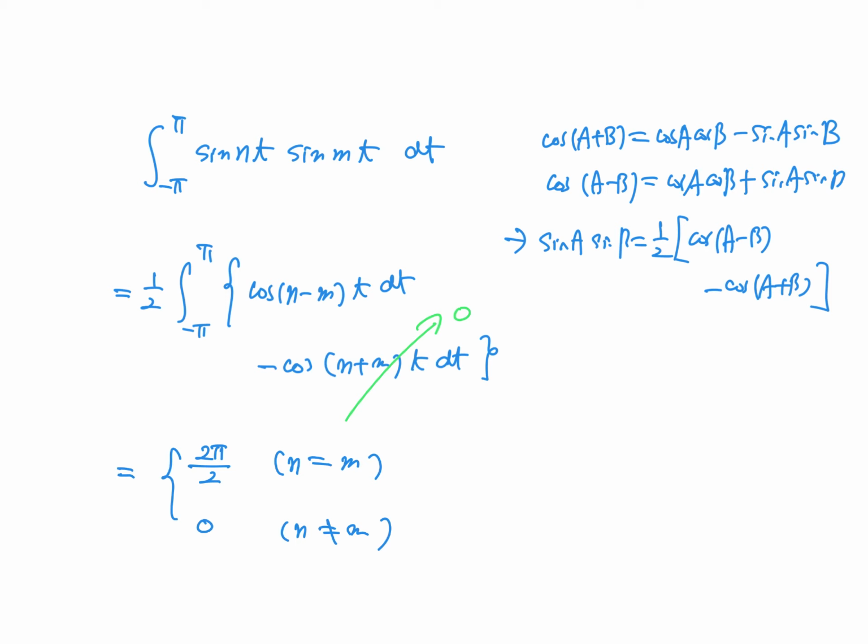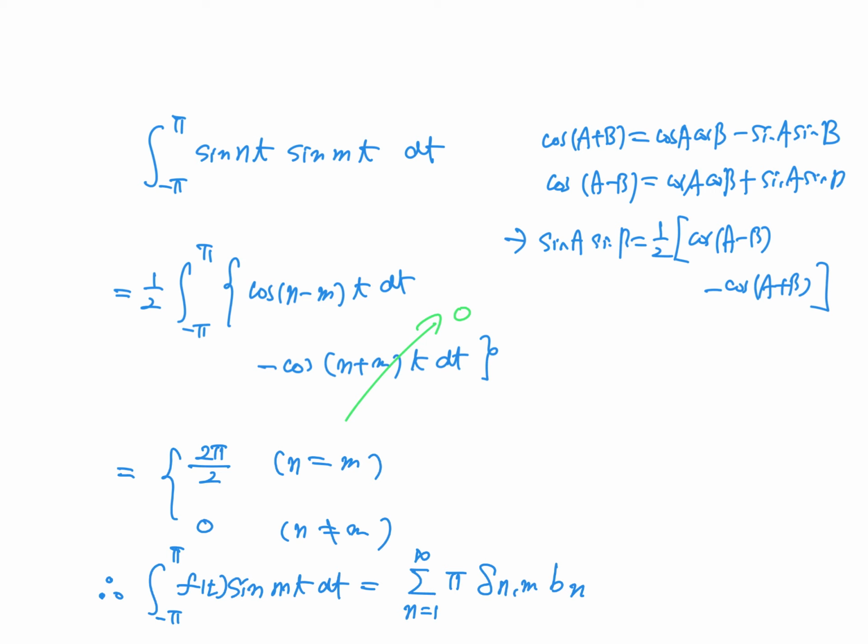So we have the following. I think I don't have to go back. The integral of f(t) sine mt dt is: everything is 0 except this term, the sum over n from 1 to infinity of pi b_n delta_nm.